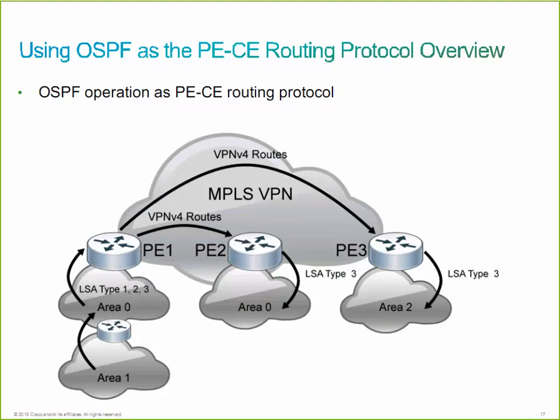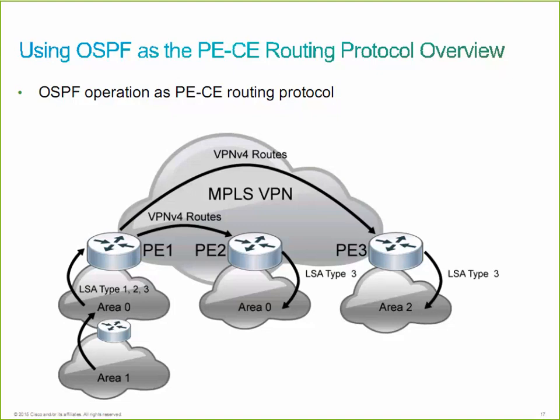When we're deploying OSPF as our PE to CE routing protocol, there are certain behaviors that OSPF inherits as part of communicating from the PE router to the other PE router and doing the redistribution.